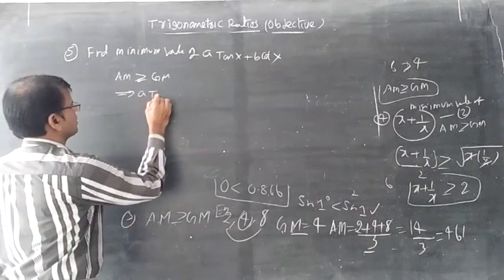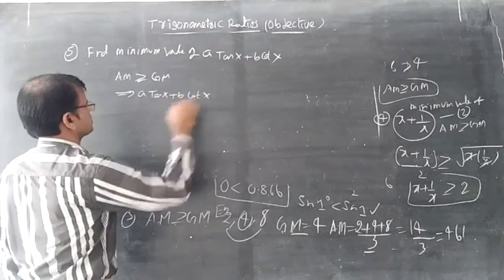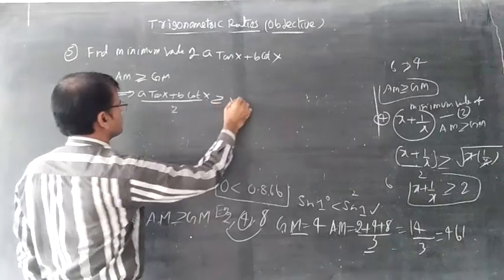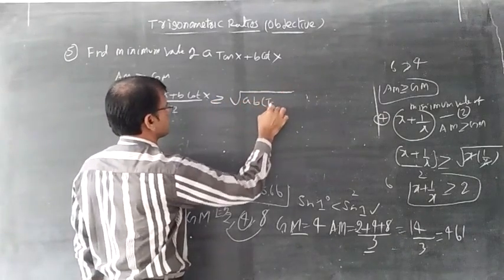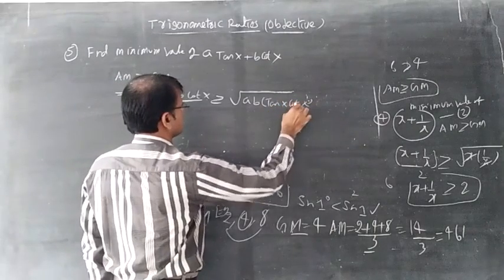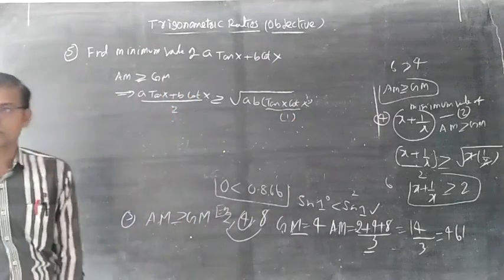We can write here A tan x plus B cot x whole by 2 greater than or equal to root of A tan x into B cot x, that is root of AB tan x into cot x. Do you remember that tan x into cot x equals 1?